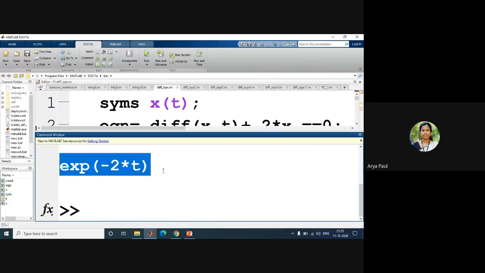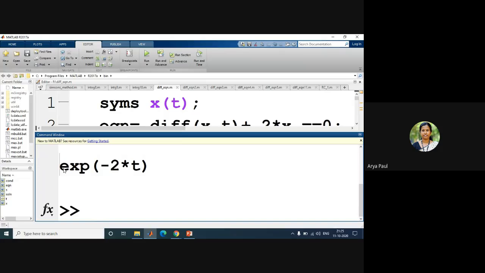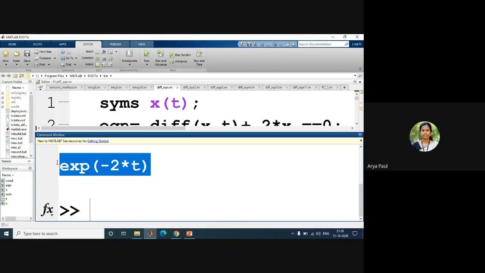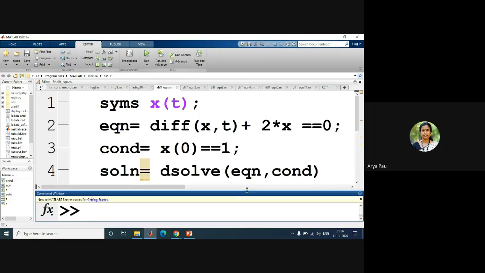Depending upon the initial condition, the constant value can change. Here there is no constant term. If you put another initial condition, you will get another constant before this, some 3 into e raised to minus 2 times t. Since this is a decaying or decreasing exponential curve, you are plotting it. I hope this is clear.